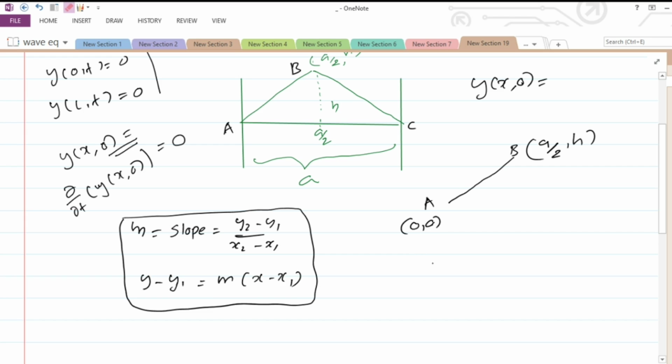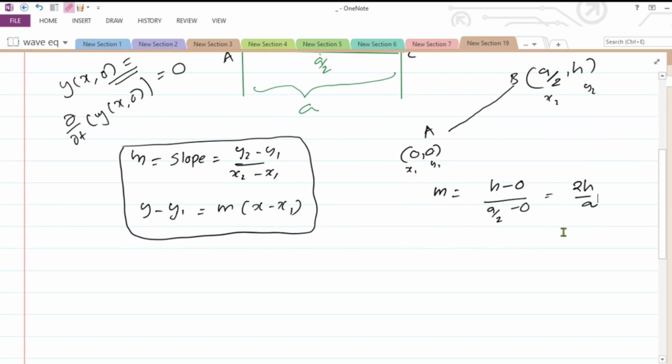Let us find this. The slope m is equal to y2 minus y1 over x2 minus x1, where we represent the points as x1, y1 and x2, y2. So h minus 0 divided by a by 2 minus 0 equals 2h by a. To find the function of AB, substitute y minus y1 equals m into x minus x1.